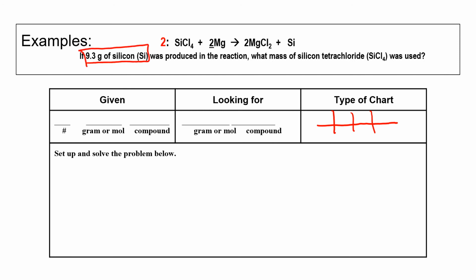But this time we are looking for the silicon tetrachloride. So we start with 9.3 grams of silicon, and we are looking for grams of silicon tetrachloride.